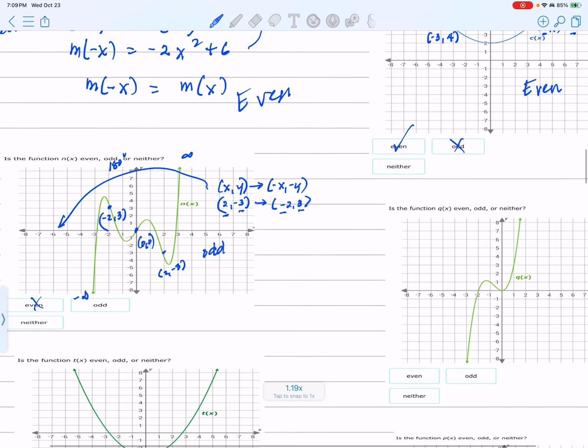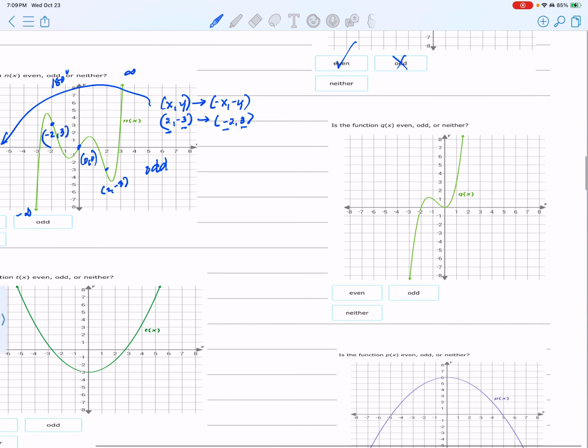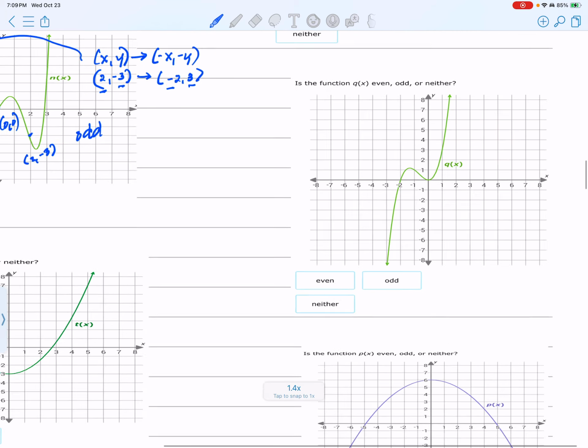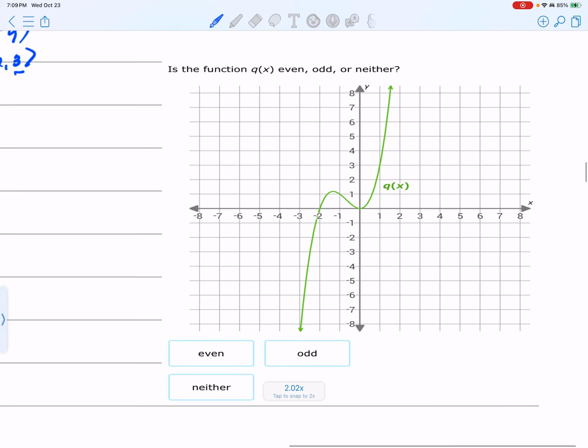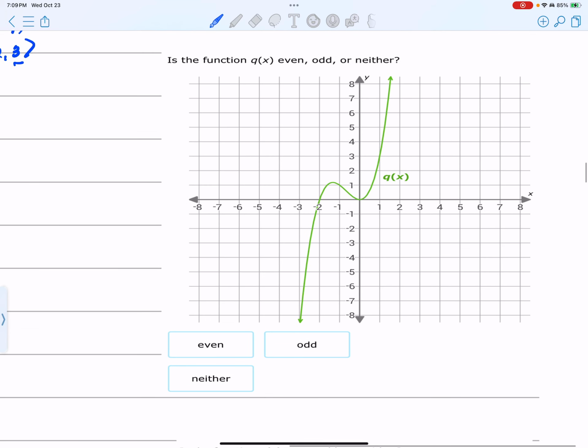Okay. Let's do this graph. One goes up, one goes down. So it's not even. Okay. We'll try to check if it is symmetrical about the origin, 0, 0. If we try to rotate, what do you think? Will it be the same?